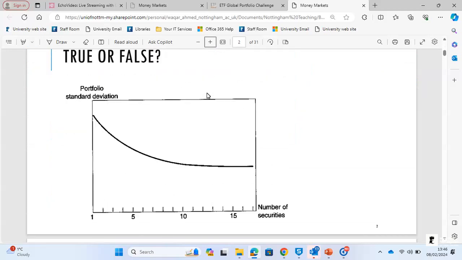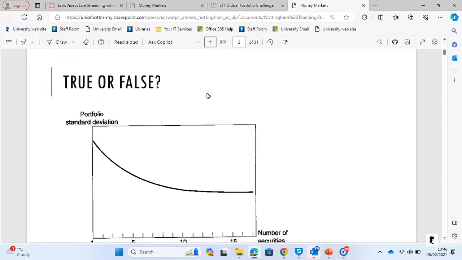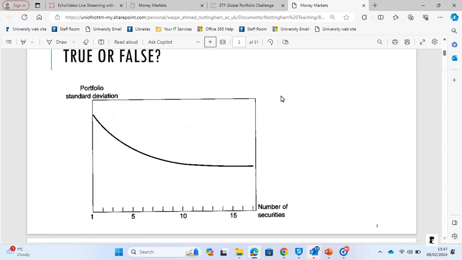So let's see how portfolios work and what their benefits are. What do you see here on this slide? On the horizontal side, we have the number of securities, and on the vertical side, we have standard deviation. Standard deviation is a measure of risk.